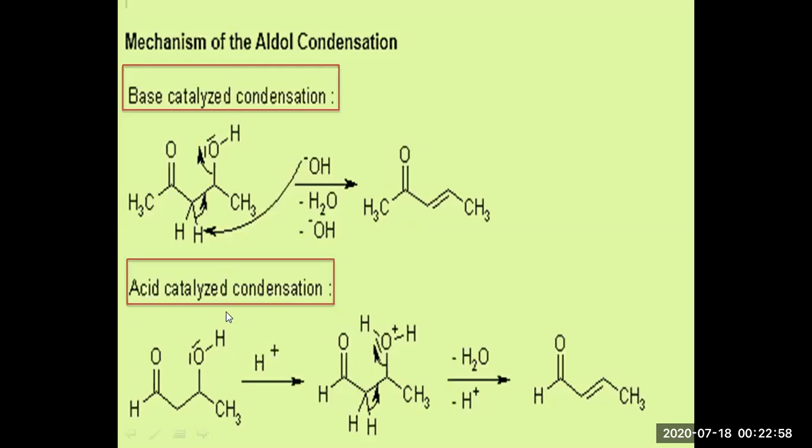Similarly, in acid catalyzed reaction, protonation takes place and the reaction goes with a different mechanism to give you again an alpha beta unsaturated aldehyde or ketone. So aldol condensation and ester hydrolysis are examples, and there are many other examples where acid-base catalysis is observed.